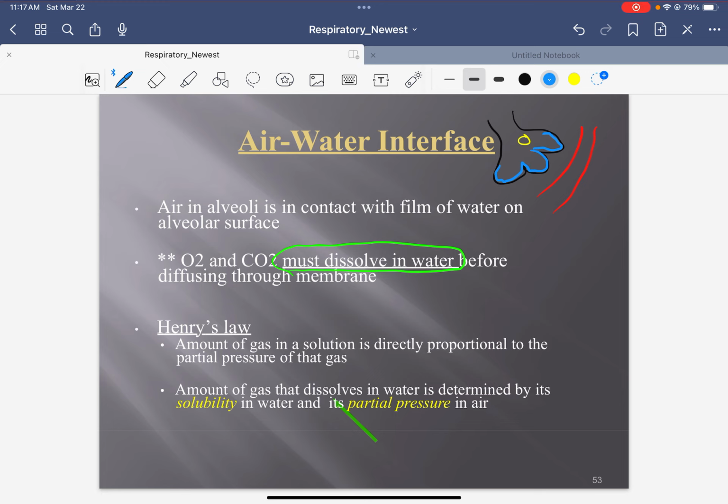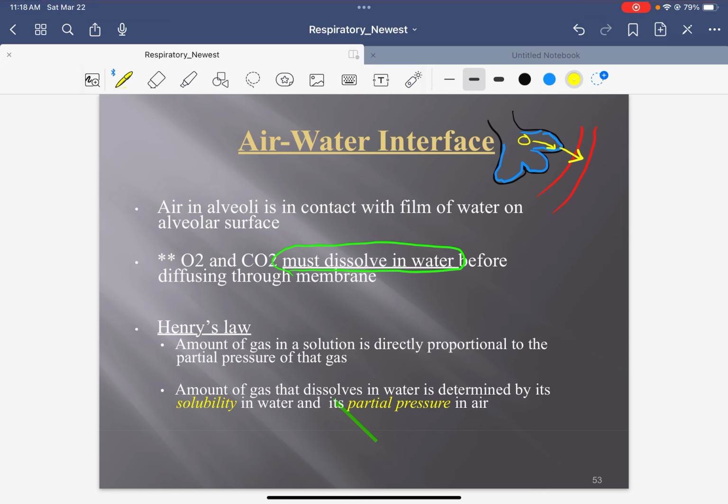It's called surfactant, produced by the type 2 cells. So what we're saying is oxygen has to diffuse into that fluid first. Dissolve is a better word. Oxygen must dissolve in that fluid first, and only then can it move into the blood.